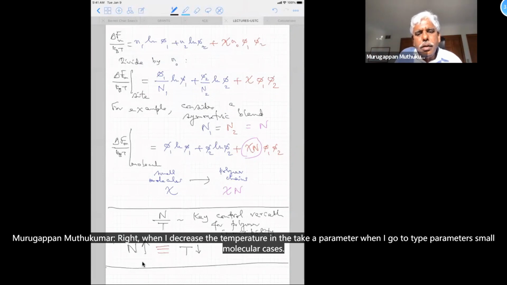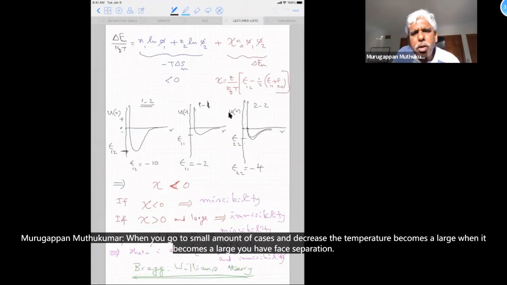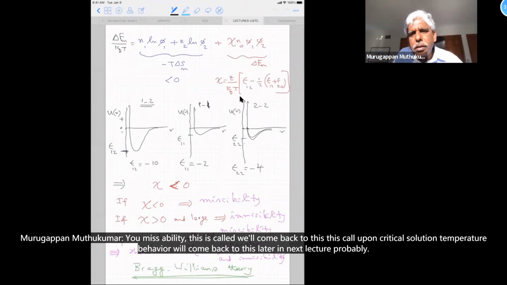When I go to small molecular cases and decrease the temperature, chi becomes large. When chi becomes large, you'll have phase separation, immiscibility. This is called upper critical solution temperature behavior. We'll come back to this later in the next lecture, probably.